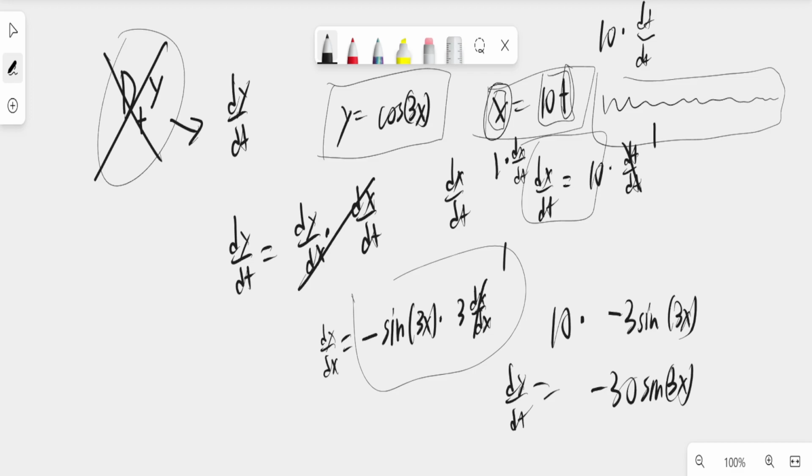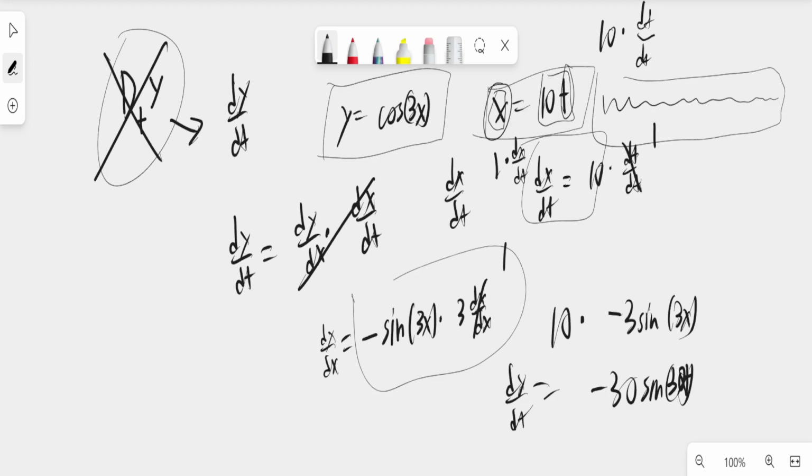Wouldn't we substitute x for 10t? On the bottom, where dy is in terms of dt, instead of negative 30 sine 3x, it would be negative 30 sine 30t, because x is in terms of t. That's right.